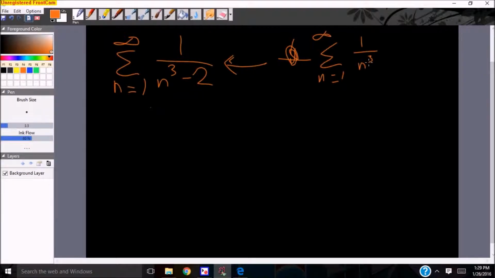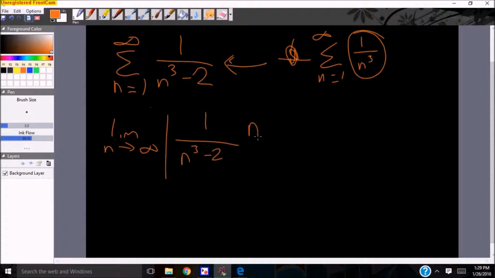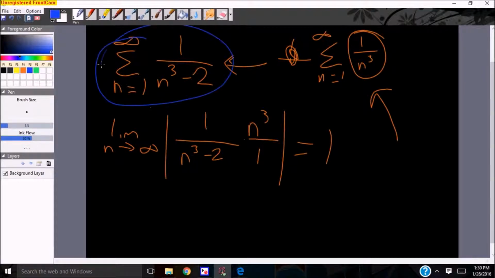I can make mine 1 over n cubed, and that will make it to where when I do my limit, as n goes to infinity of the absolute value, it'll be 1 over n cubed over n cubed minus 2, and actually I end up multiplying by the reciprocal of that, or n cubed over 1. You'll get used to that the more you work, which is in fact a Betsy, gives me 1. Since this thing converges, that helps me know that this one also converges.